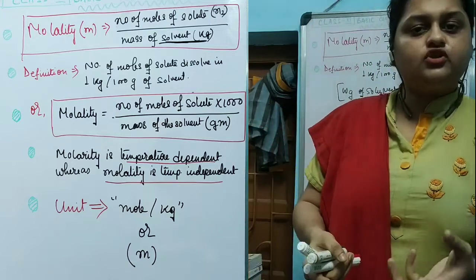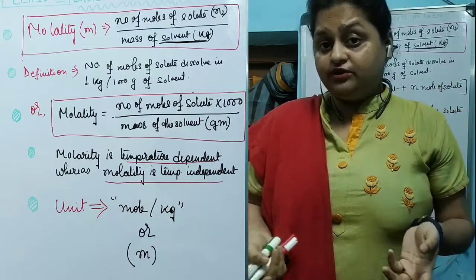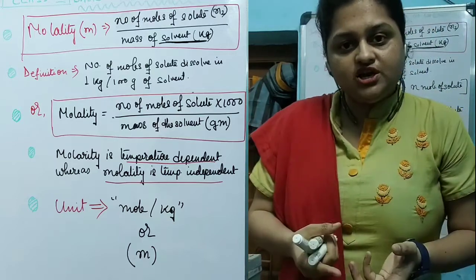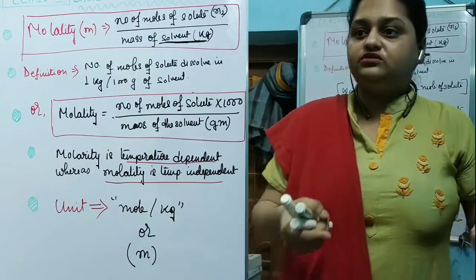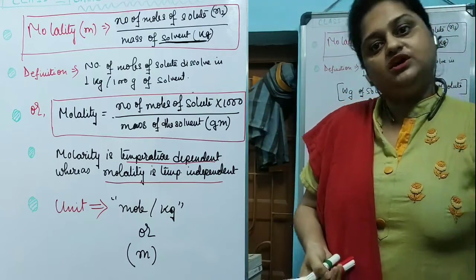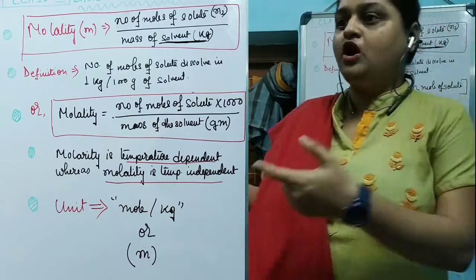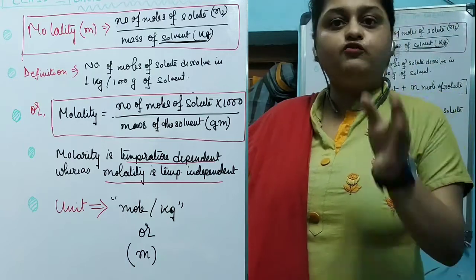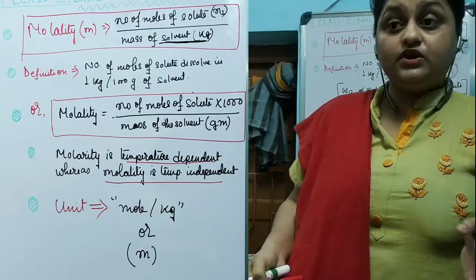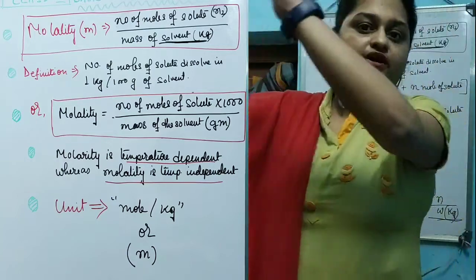For liquid or solid, it is not as measurable as for gas, but when I am taking solvent in the form of a gas, it is quite dependent on the temperature and pressure. With the change in temperature and pressure, the volume of the gas will change, and that will change the concentration from one place to another place. That is a big problem for the scientists, for the researchers who are researching supposedly here, and the data is required somewhere else.